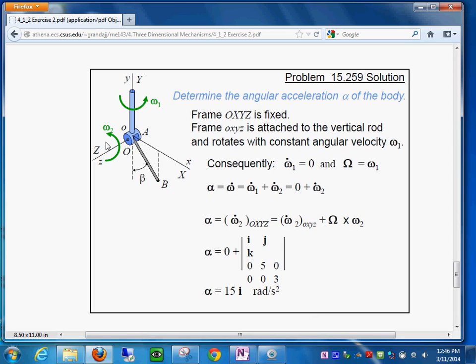The frame Oxyz, the little one with lowercase letters, is attached to the vertical rod and rotates with a constant angular velocity omega 1. Consequently, omega 1 dot, the change, is 0.